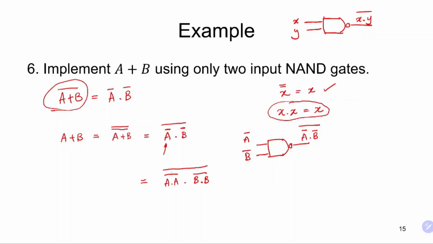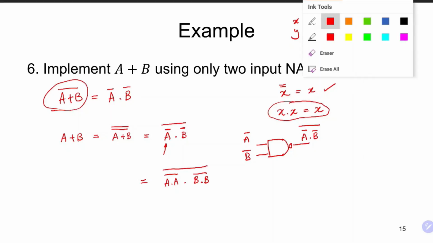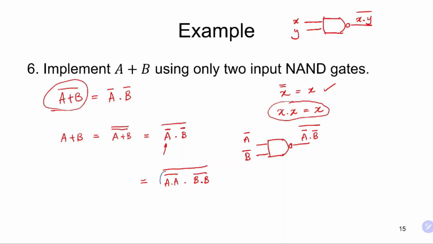This another NAND function. This is one NAND gate. This is another NAND gate. So I can build an OR gate.